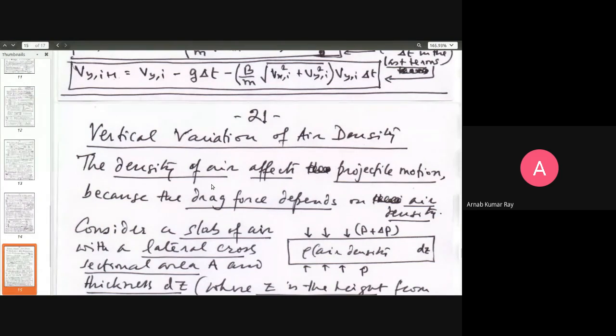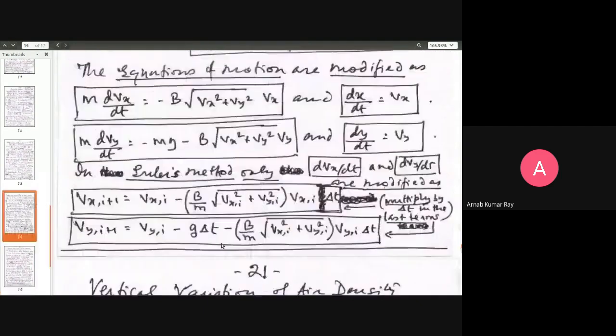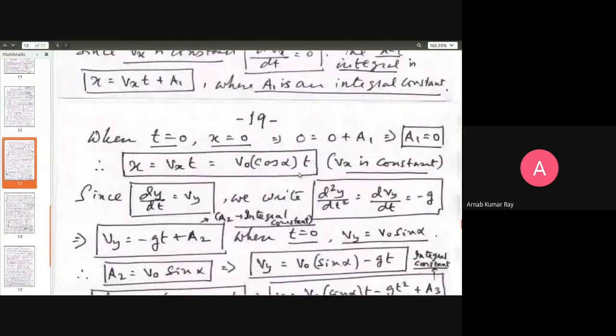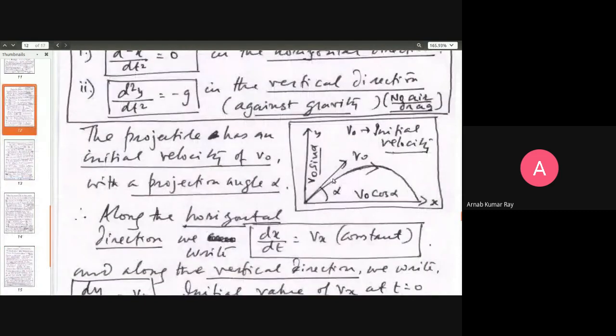So the projectile did not have to go very high, which means that from your point of firing to the maximum height, if the vertical height is not too much, then you do not have to worry about the variation of the air density, right?